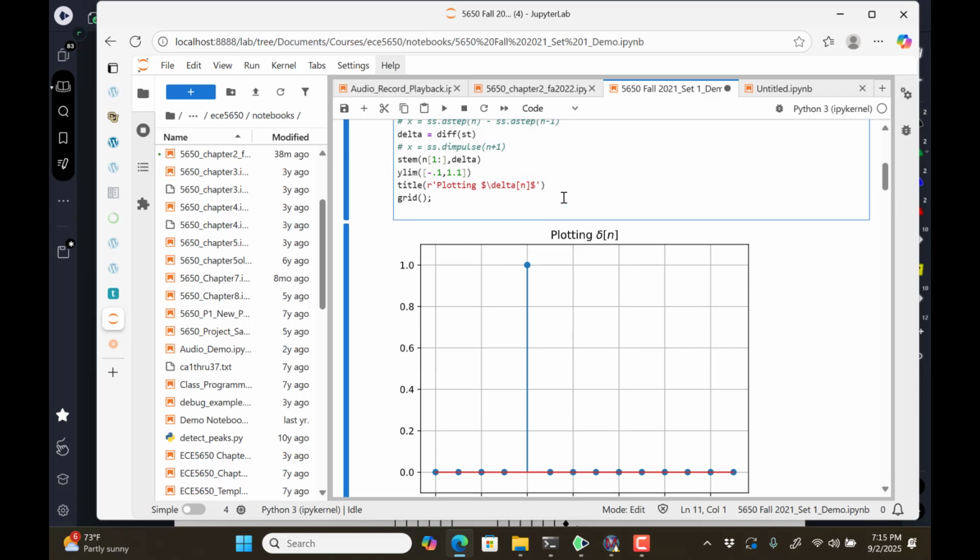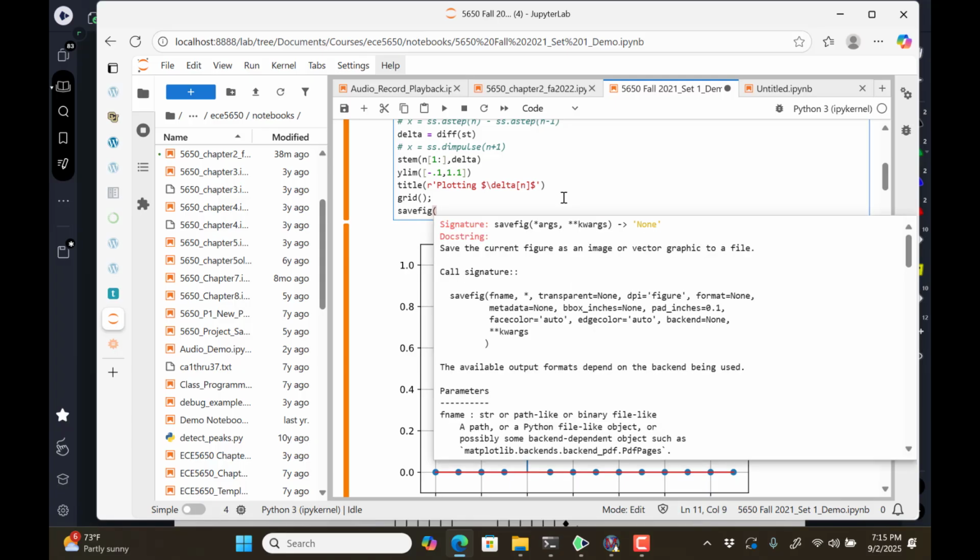There's a function in here, savefig, and savefig lets you save figures. So you can save SVG graphics, which Typst likes a lot. It doesn't like PDFs, but it likes SVG and PNGs. It's going to have PDFs eventually, but right now it doesn't.